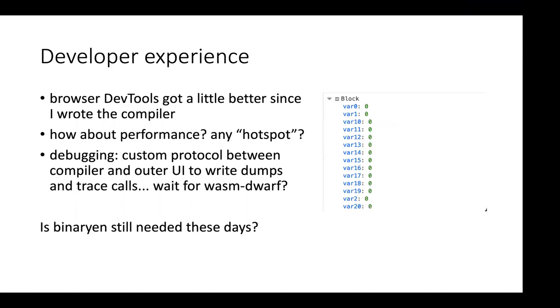The developer experience, of course, it was quite early, so DevTools have gotten better since I wrote the initial variant of the compiler. But as I was mentioning, knowing where the hotspots are would be really great. And I know also that there's a proposal for Wasm Dwarf.